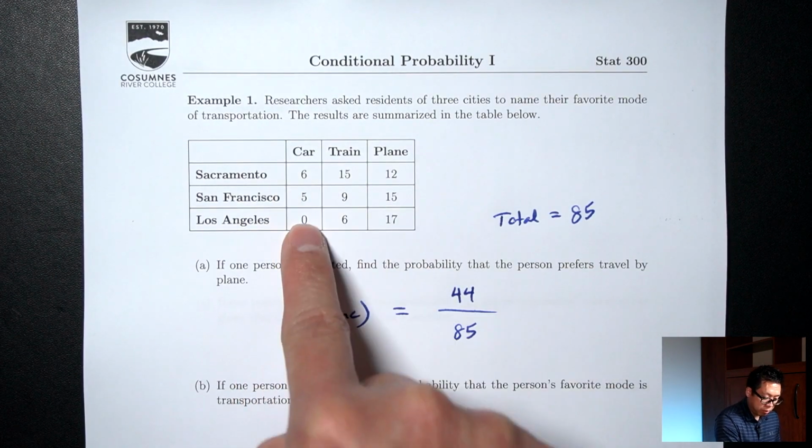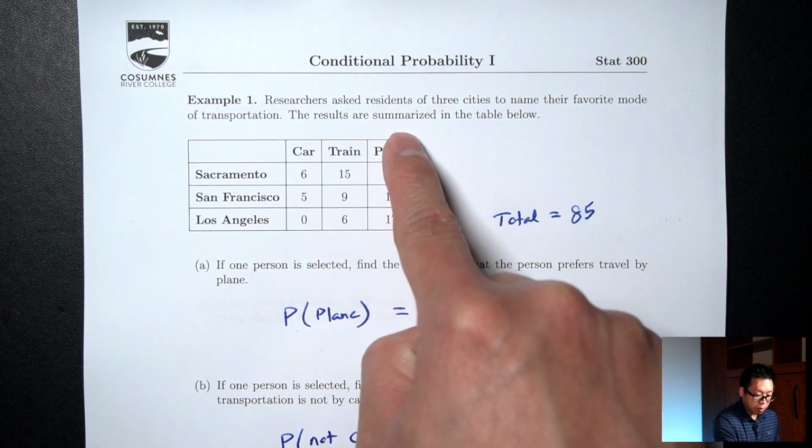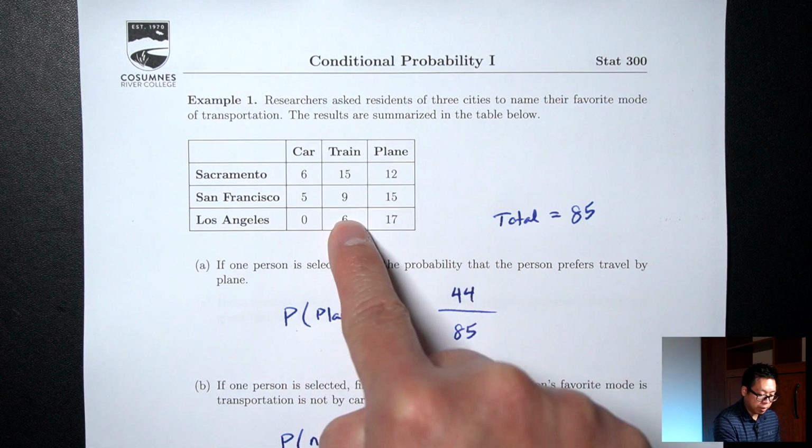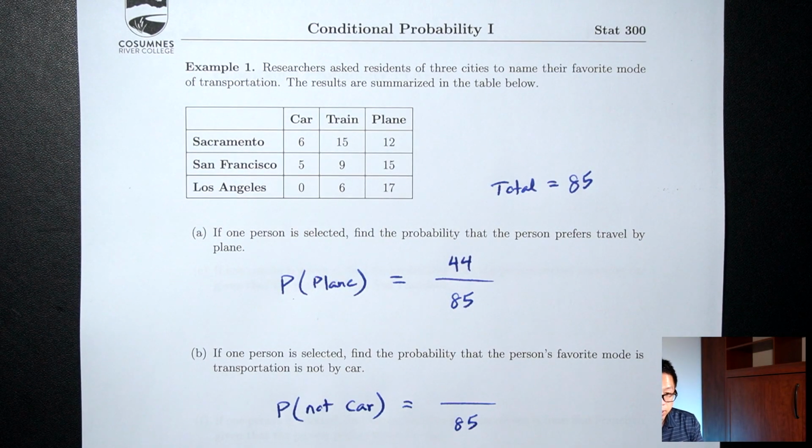Well, here are the car people. Not car would be all the train people together with all the plane people. So 15, 9, and 6. 15 plus 9 plus 6, that takes care of my train people. Plus 12 plus 15 plus 17, that takes care of my plane people. So together, that is 74.